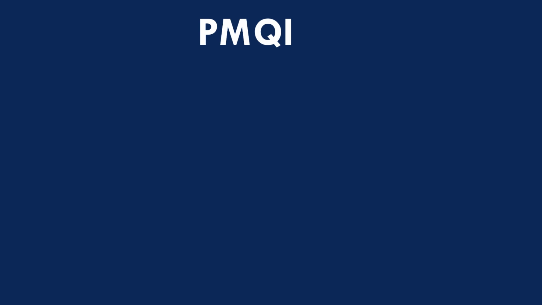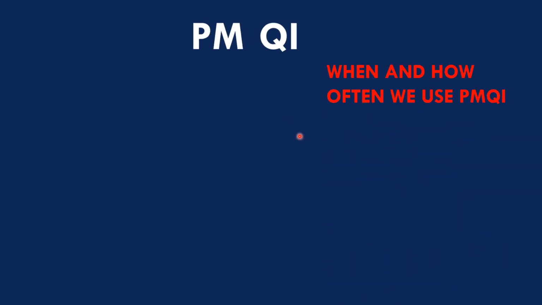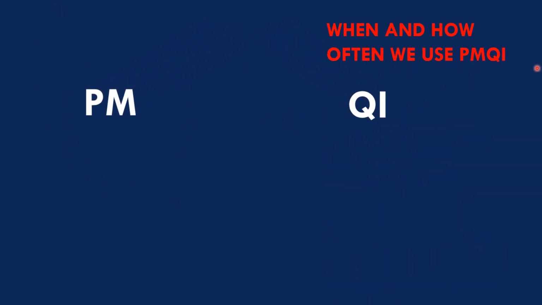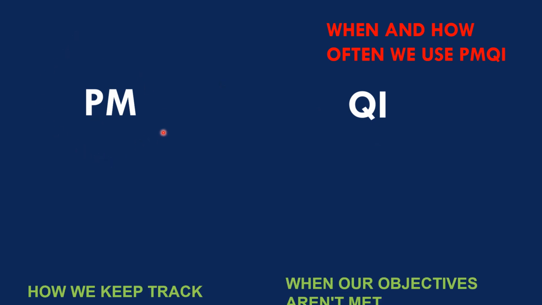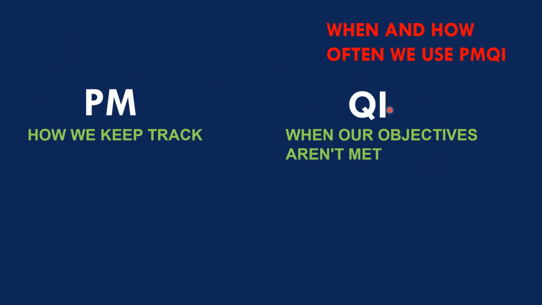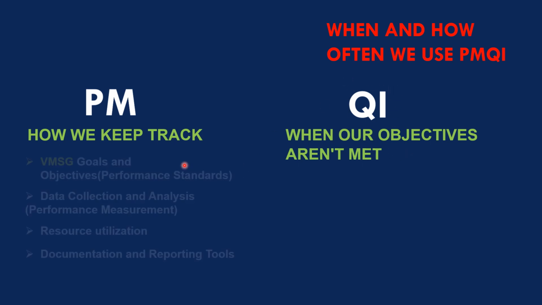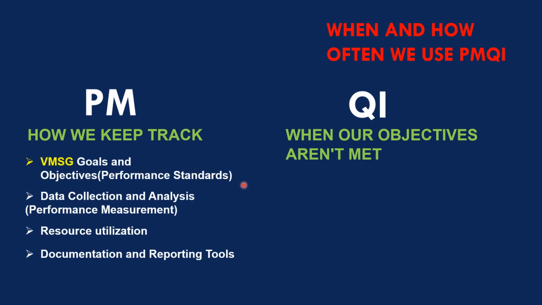So to understand performance management and quality improvement, we have to recognize that there are two sides to this, right? So we have our performance management side, and we have our quality improvement side. And performance management is about tracking things, while quality improvement is about when that action plan is not getting done. Now, performance management involves a lot of strategic planning and decision making, and every division already does PMQI, right?